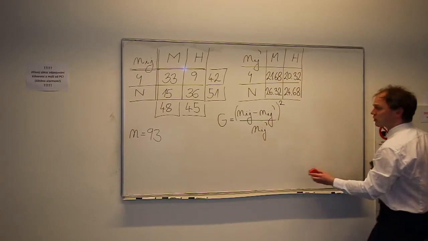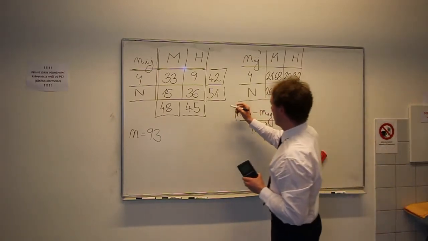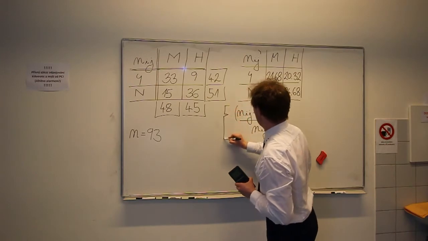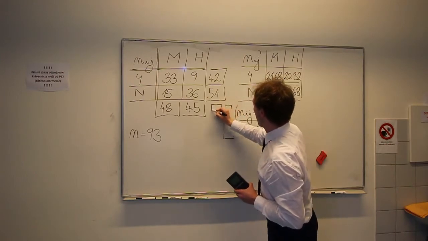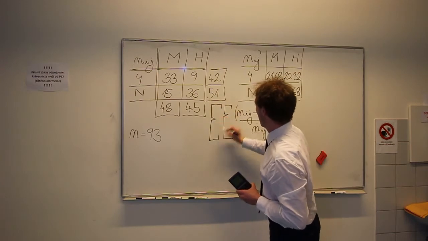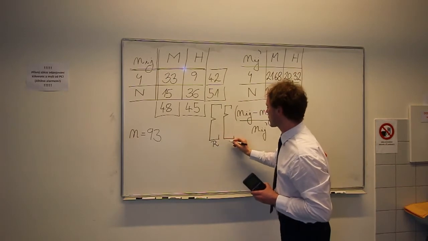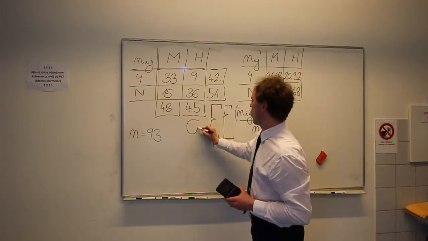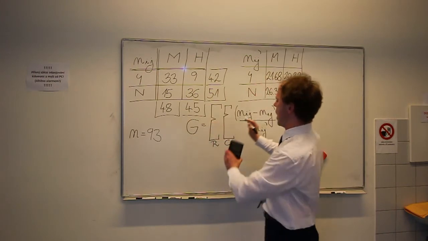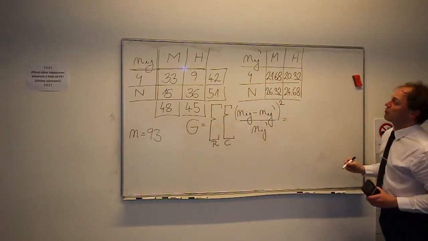And don't forget that this is a summation: there must be one sigma and one more sigma, because it is a summation through all rows and all columns.